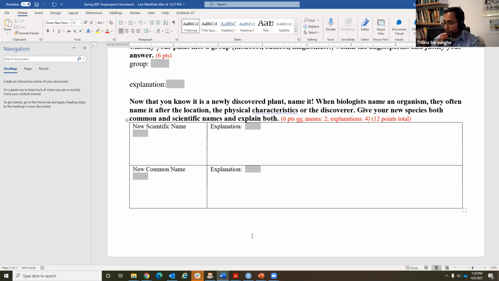For example, there is a particular species of fish named after Darwin, Darwinensis, right? There are species named after a prominent evolutionary biologist, Richard Dawkins, Dawkinsi, right?